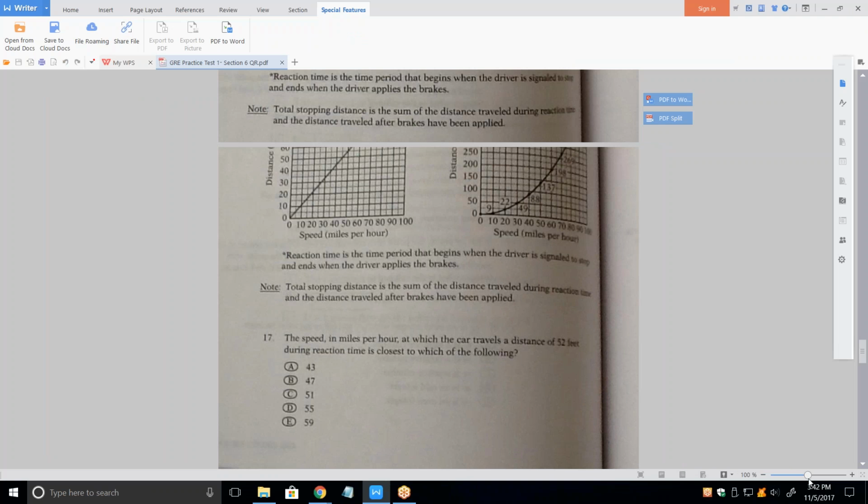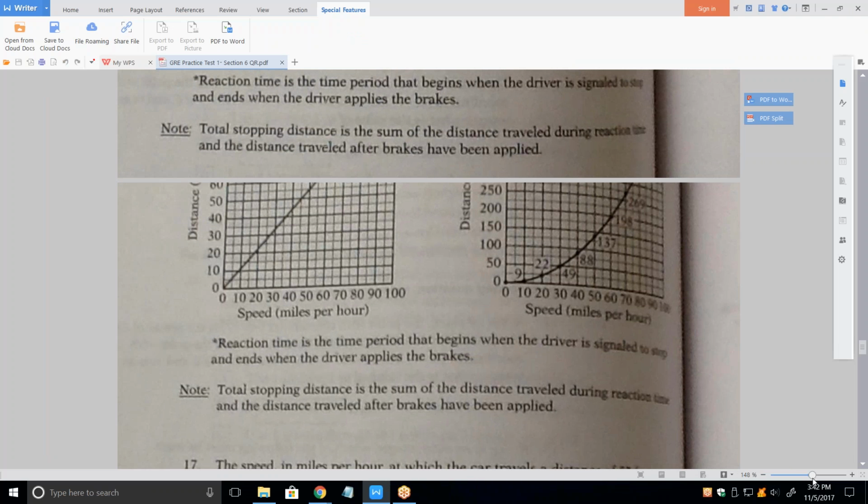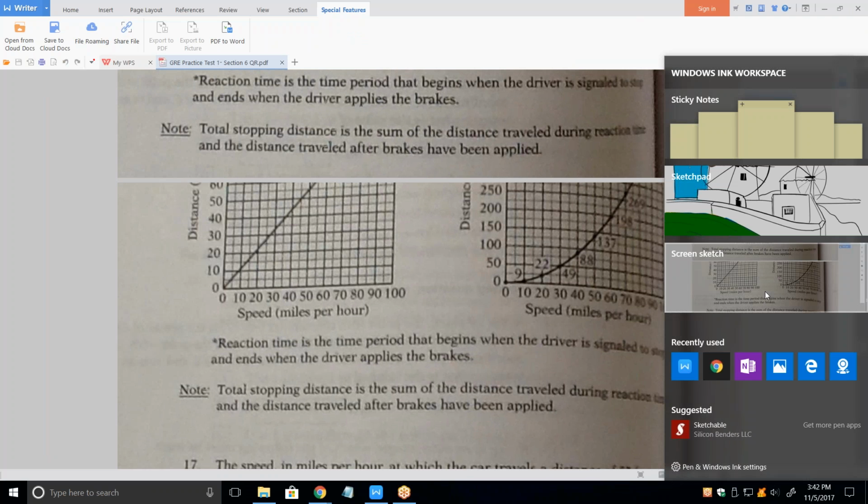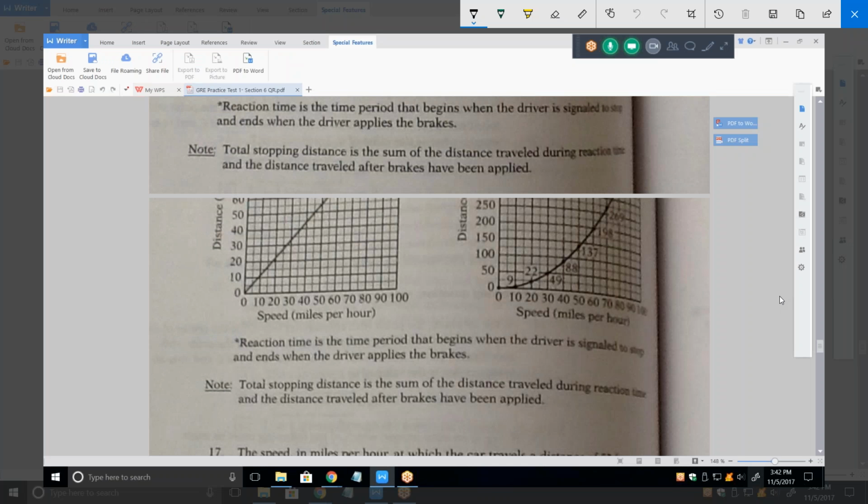Because for this particular problem, we need resolution because they gave us a couple of different answers that are close. So 52 is the distance? Right. That's the distance that is traveled, and they want to know what speed you were going. There's 50. Okay, now I see where you are.